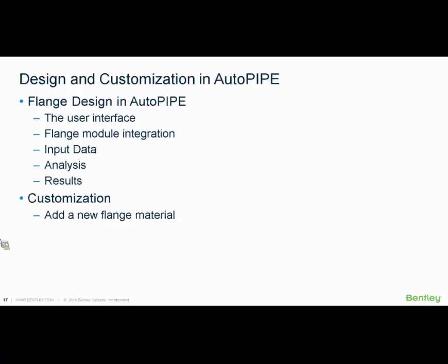The input data, we would go through that quickly, then the analysis and the reports. And then we will have an example of how you can customize the input data, the geometrical or material data, in the libraries so that you can use your custom materials, custom flange materials, gaskets or anything else.